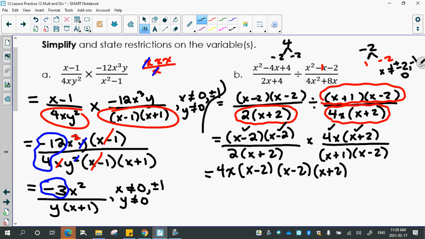So I've got all of that multiplied together. Okay, so I've got my monomial with 3 binomials. Now I'm going to do the same thing in the bottom. So what am I going to write first on the bottom? 2. Good. And then all my binomials.